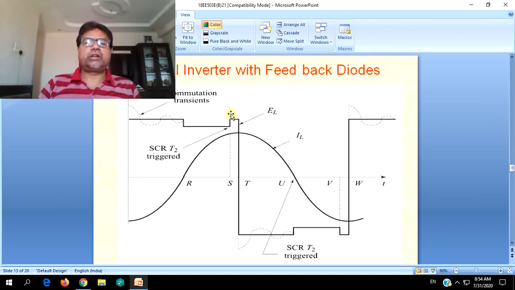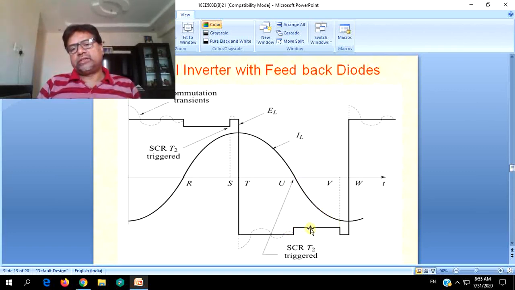This is the interval during which load voltage will be more than the source voltage, and at instant t, the load voltage becomes 0, but the current will still be positive and decreasing, and the conduction will take place via SCR T2. At instant U, SCR T1 will be triggered. Now again the sequence follows.